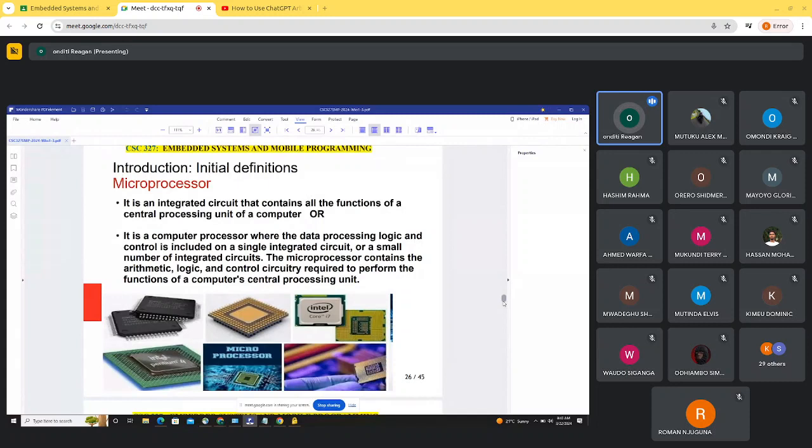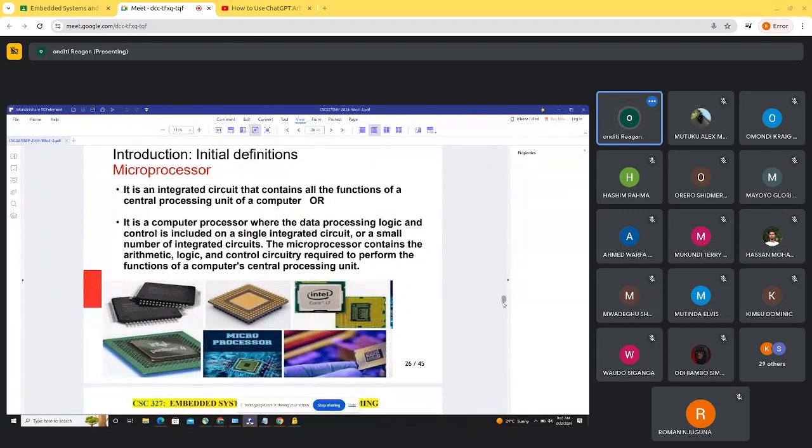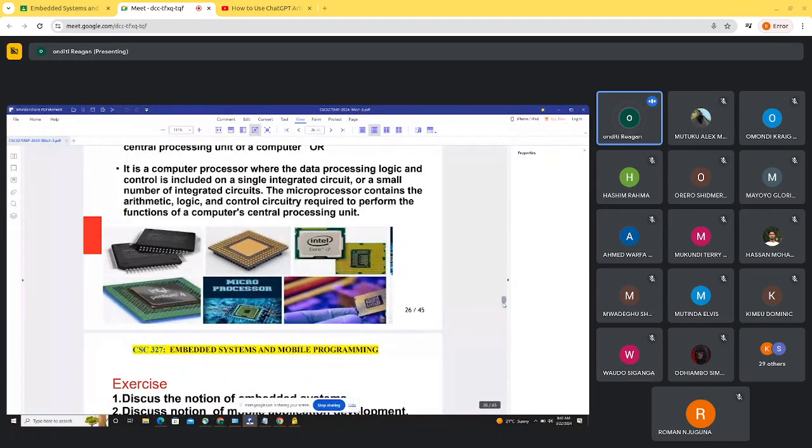I would also want you to look at this microprocessor as you look at the AND, OR, and NOR gates that you are doing in digital electronics. Try to put them together, look at how it works, and then you can come back to the processor and actualize that thought. So basically, from the image you are seeing, this is how the microprocessor looks.